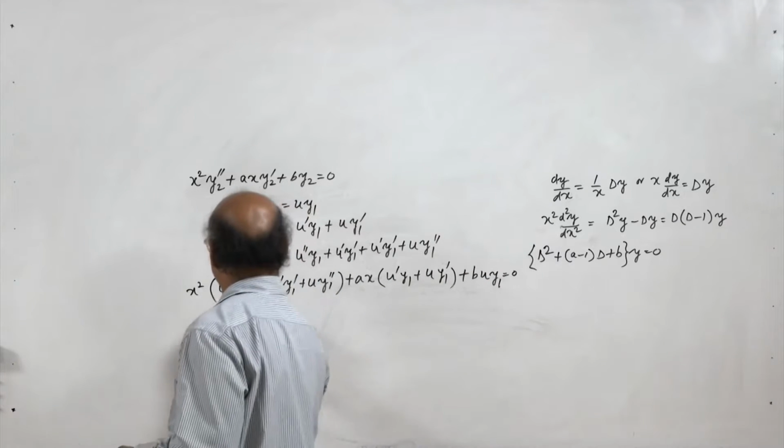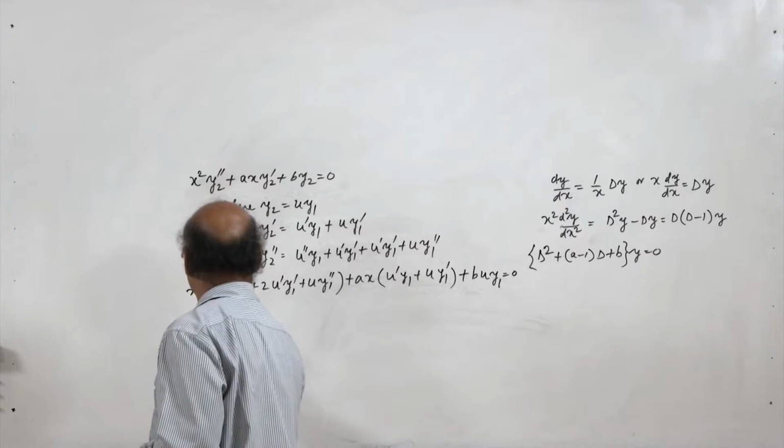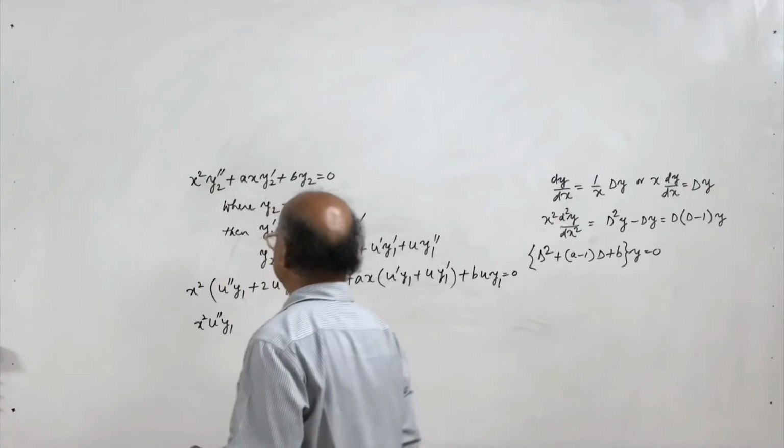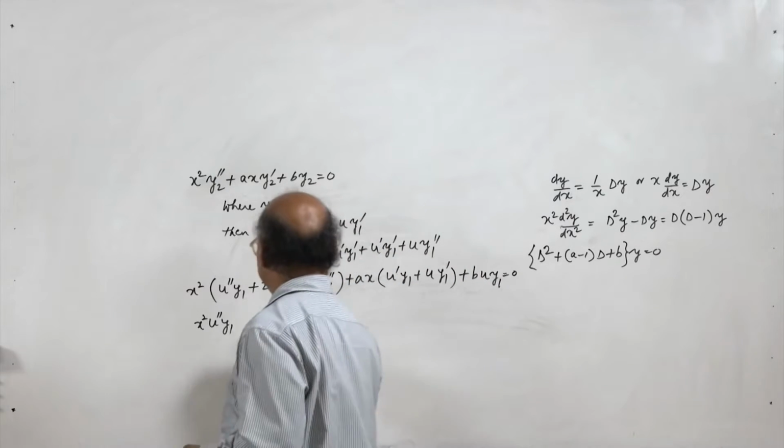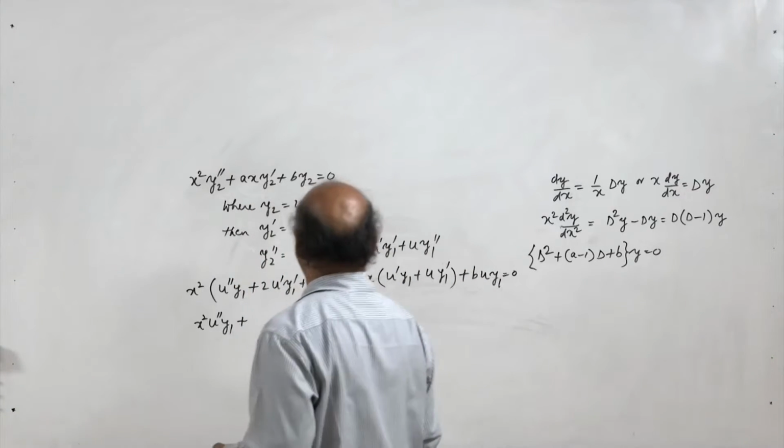Okay, now we have x squared u double dash y1. This is one term which contains u double dash, and the term containing u dash is what?